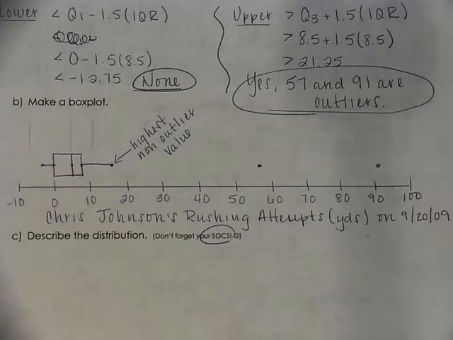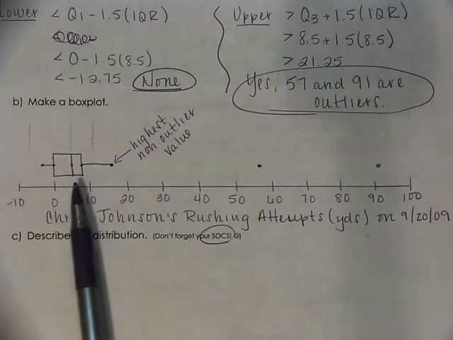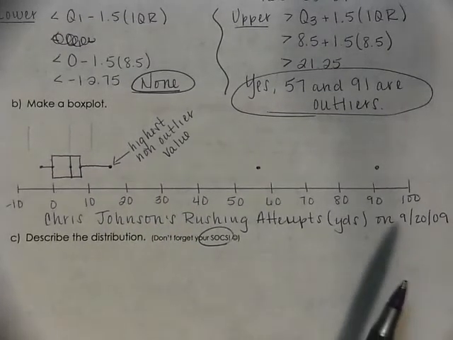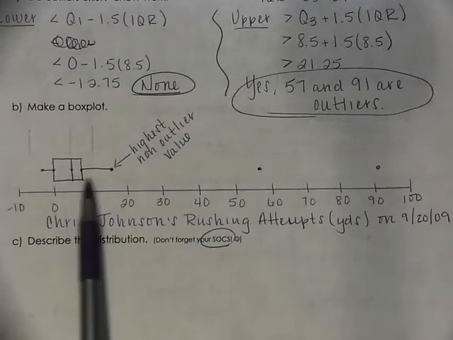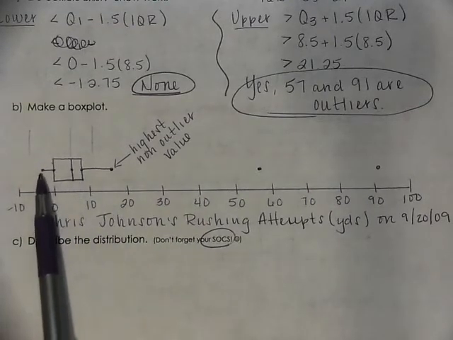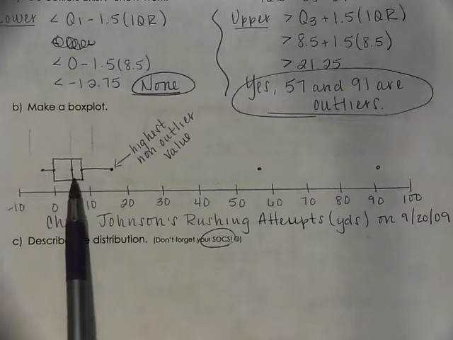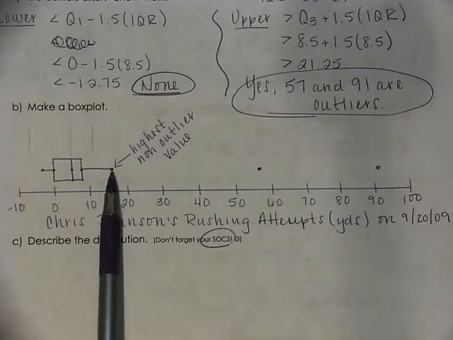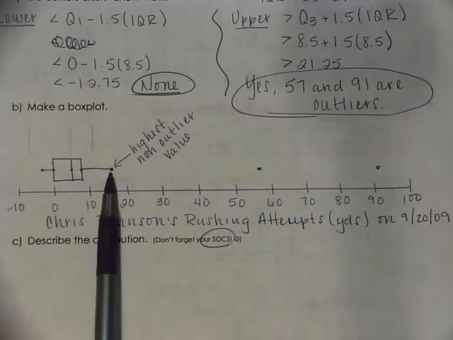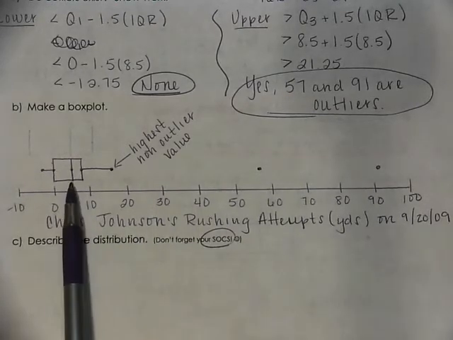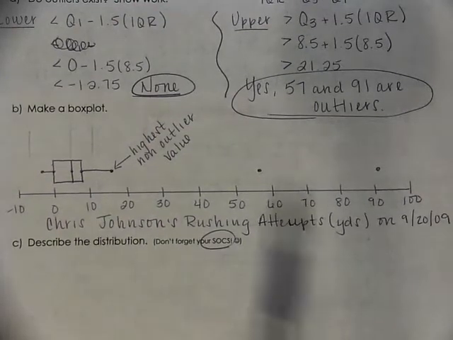I'd actually take a couple of them here because it's a little tricky. My distance from -3 to my median of 4 is 7. But from the median to the highest non-outlier value, from 4 to 16, the distance is 12. So the right side is a little bit more stretched out, and you could say this is slightly skewed right.